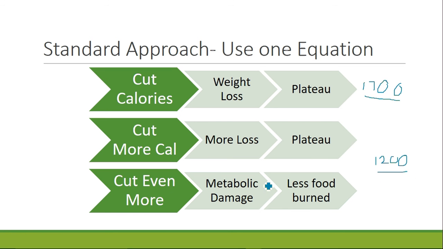And that is what we call metabolic damage. Because once your metabolism was at 1700 calories, you were able to eat more and maintain your weight. But now you are only able to maintain your weight around 1200 calories, because that is where you left your diet. Your body has adapted to 1200 calories, and this is called metabolic damage.